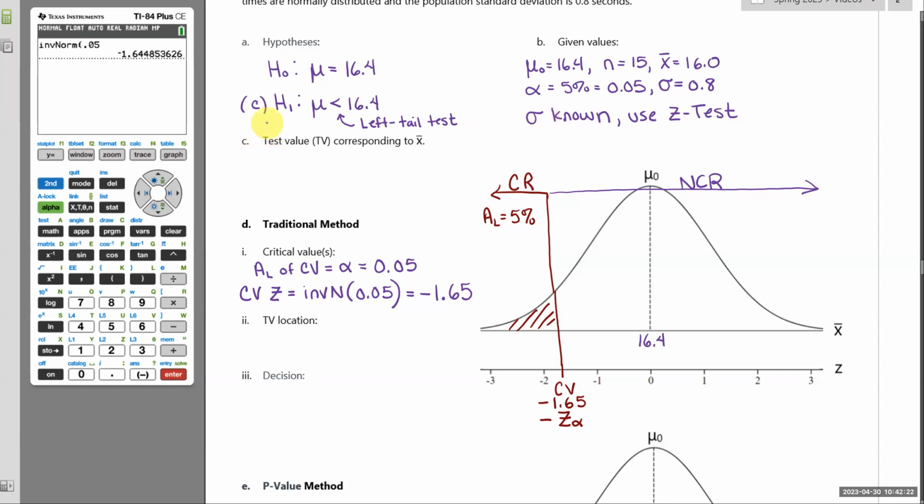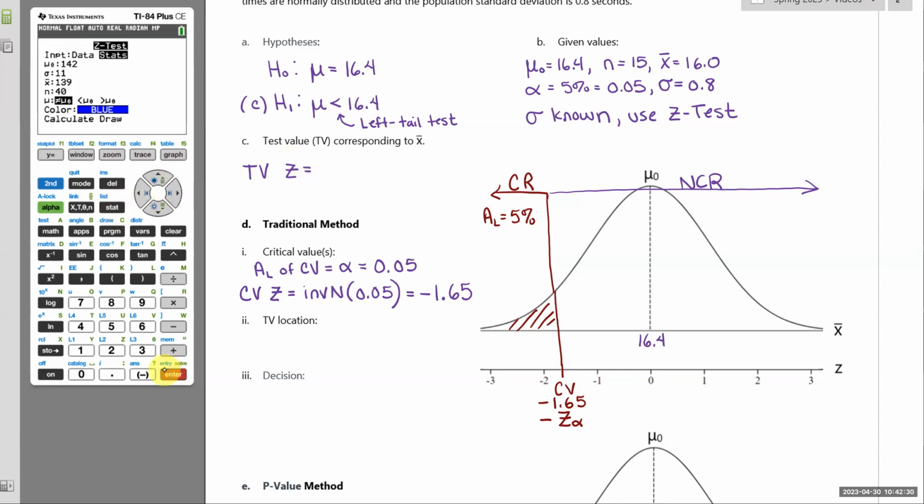So we'll go to our calculator to find our test value. So we'll go to our tests and our z-test, enter our mu naught and our sigma 0.8, x bar, sample mean 16, sample size 15.